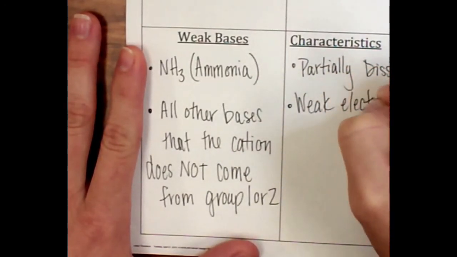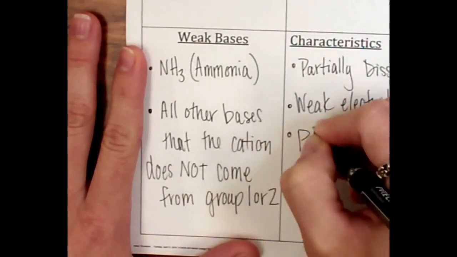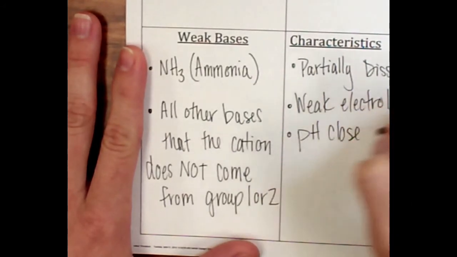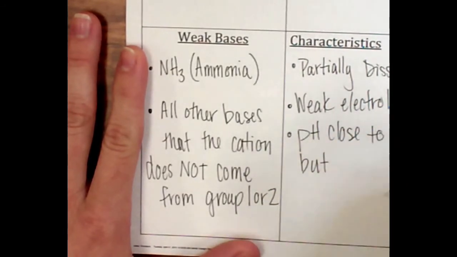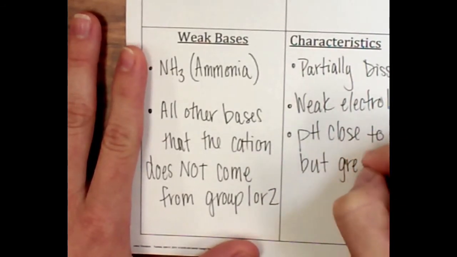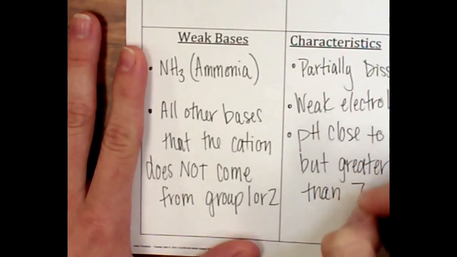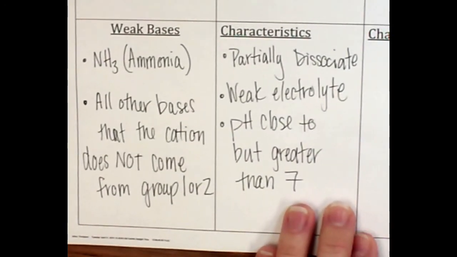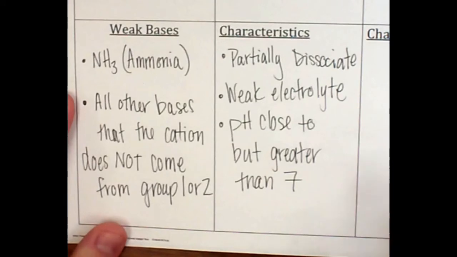And for our last main bullet, the pH can't be less than 7 here, so it's going to be greater than 7, but close to 7. Not too bad. You might want to pause in case I chopped off the writing; you need to get it down.